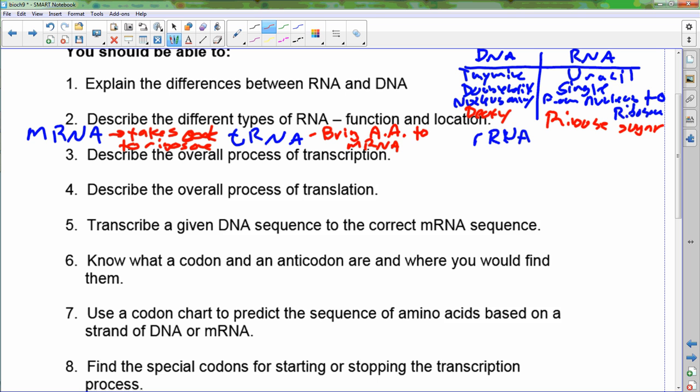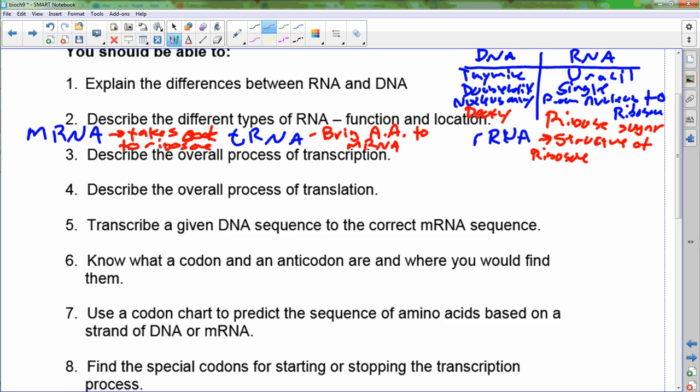What about the ribosomal RNA? It's basically the structure of the ribosome. So, I mean, yeah, you could kind of say because it's part of the ribosome that it makes proteins. But this is basically the structure of the ribosome. But our ribosome is only made of ribosomal RNA.